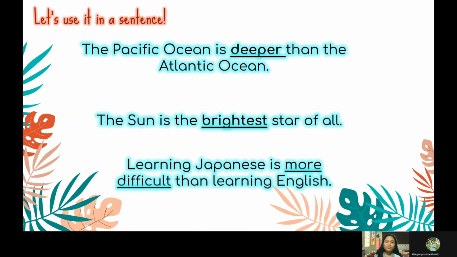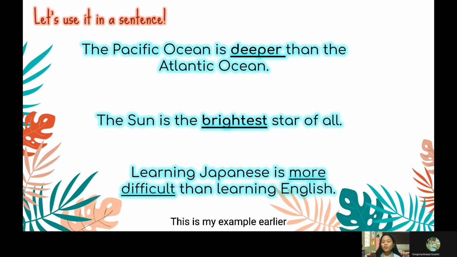Lastly, this is my example earlier, and we add more because difficult has three syllables. That's why it is more difficult. And we are only comparing two nouns, Japanese and English. Learning Japanese is more difficult than learning English.